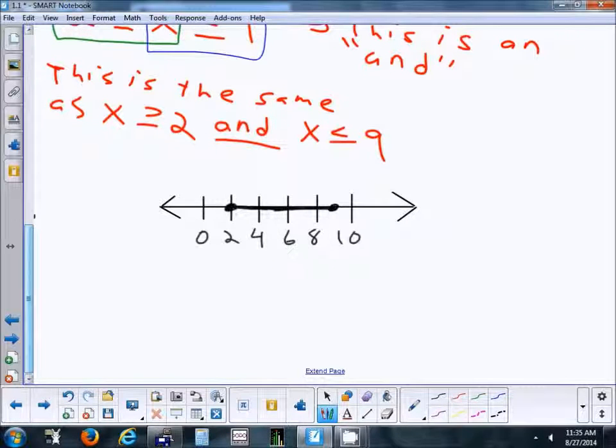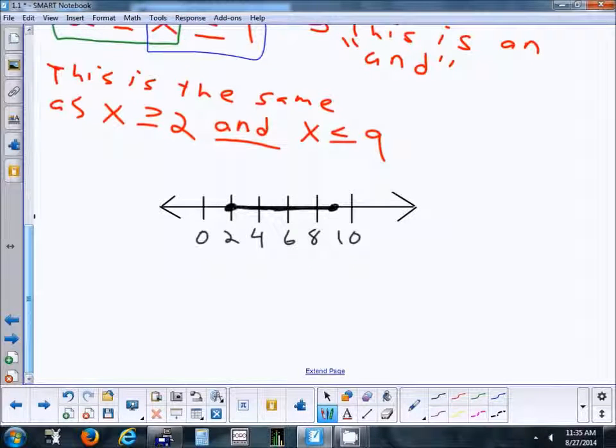Okay. The other kind of graph we can do is a disjunction. That's an or. So with a disjunction, it's generally the opposite of what you see right here. Instead of shading between the dots, you're usually shading in opposite directions. Okay? So if I change, I'd have to change this a little bit.